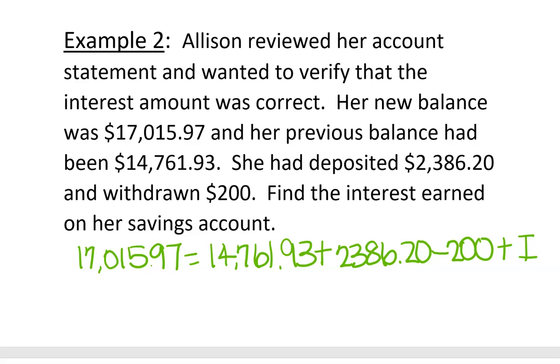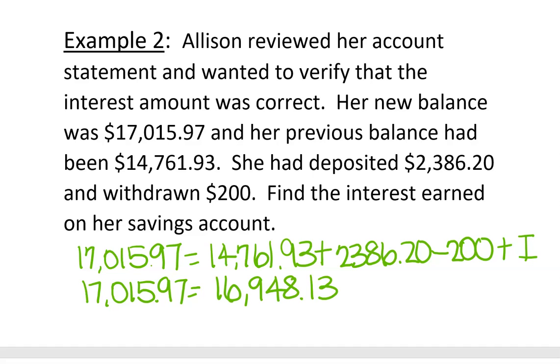So on the right side, let's take our balance. We're going to add our deposits in there. We're going to subtract our withdrawal. Which is $16,948.13, and we still need to add our interest in.